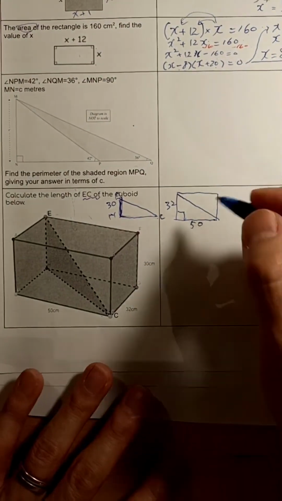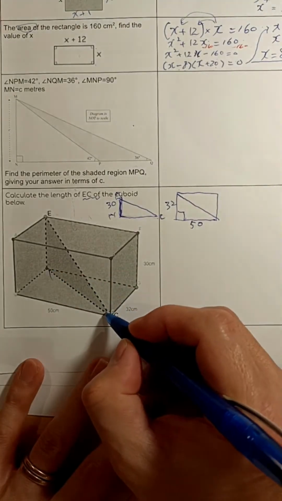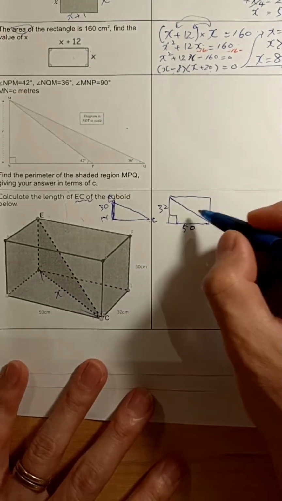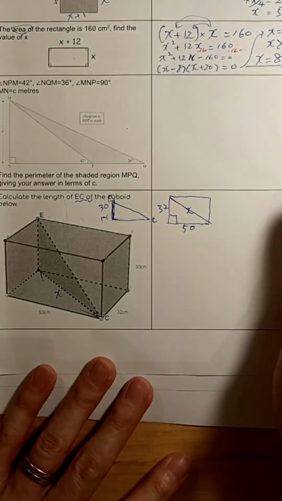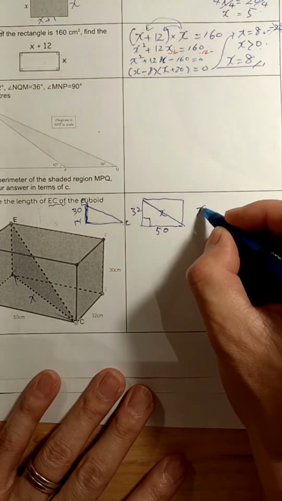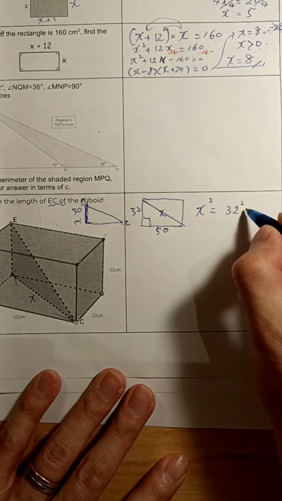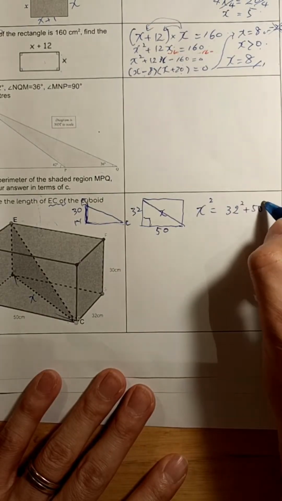So if you want to figure out this, let's say from here to here is x. This is x, isn't it? So to figure out the length here, x squared is 32 squared plus 50 squared.